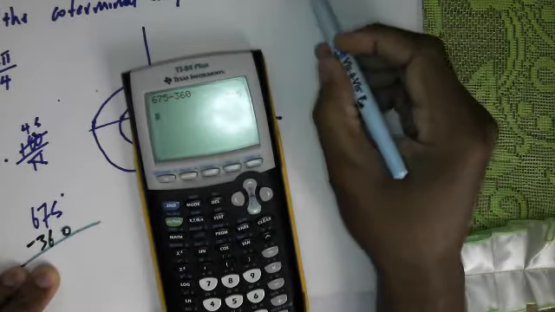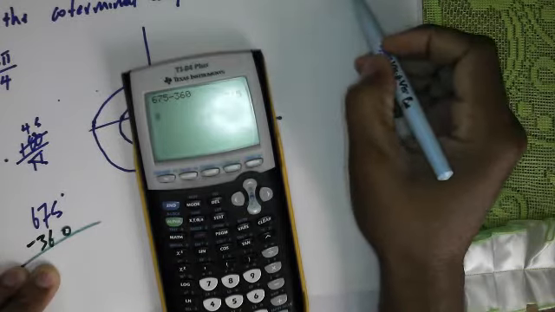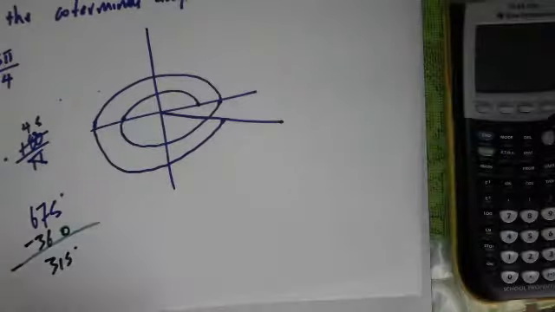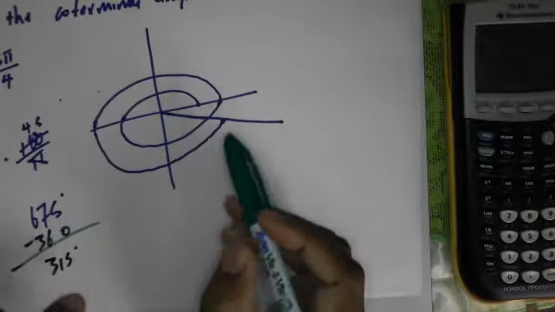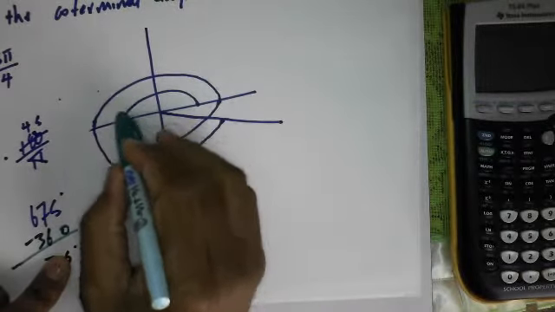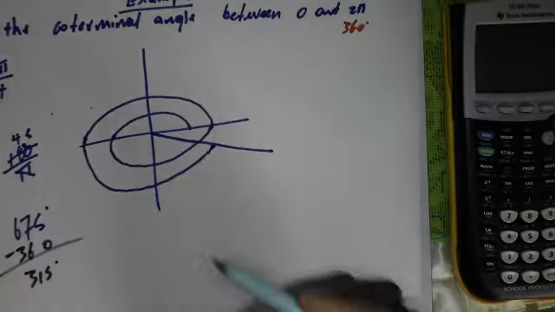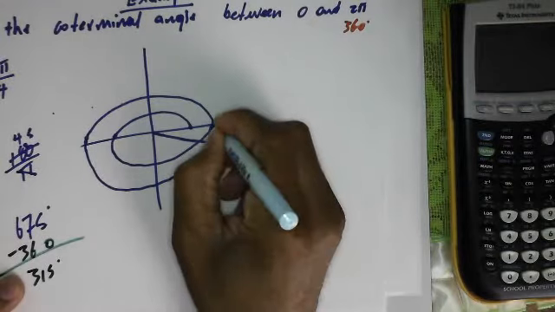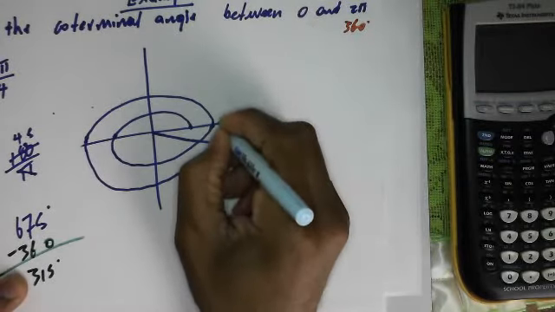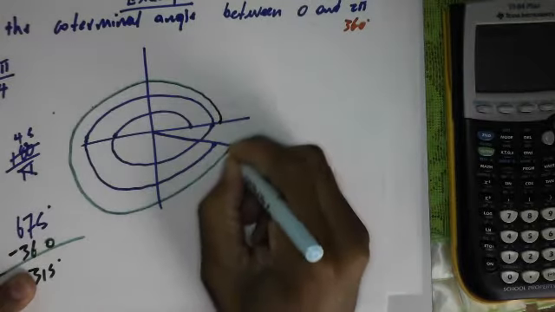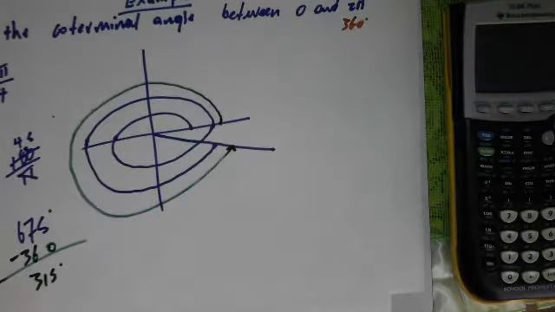Is it within 0 and 360? Yes, it is. So my coterminal angle would be 315 degrees, which would be the additional piece. When you went around one revolution, this was the additional piece you needed. So you still started at your x-axis in your first quadrant, and you still ended here at your terminal side.